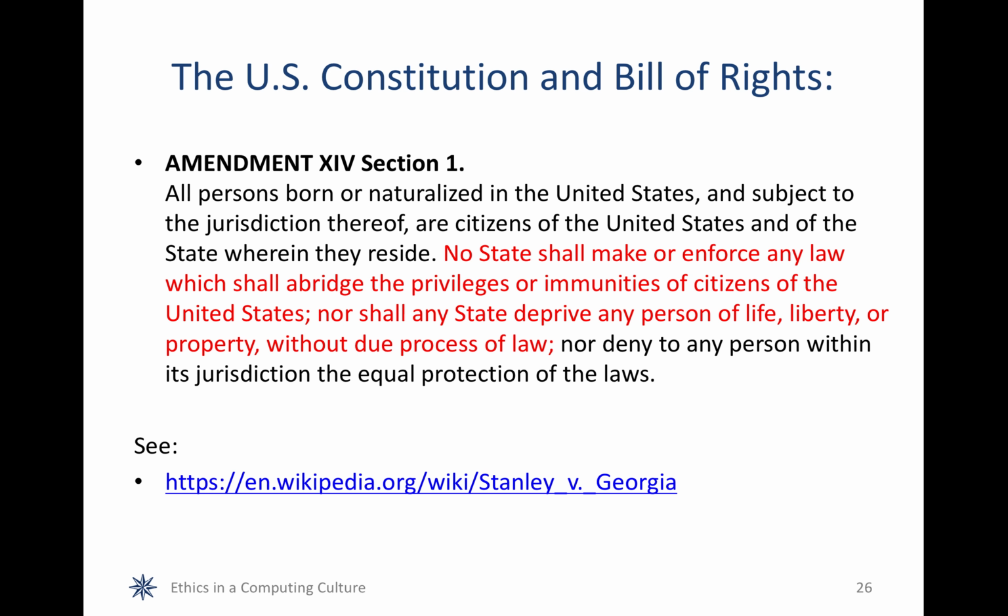The 1969 case of Stanley versus Georgia involved a police raid of a person suspected of running an illegal gambling operation. No evidence was found, obscene movies were found, and Stanley was convicted of obscenity. The Supreme Court overturned this conviction and overturned all state laws that banned possession of obscene materials.